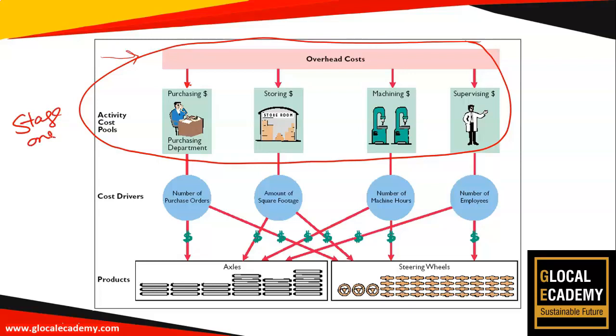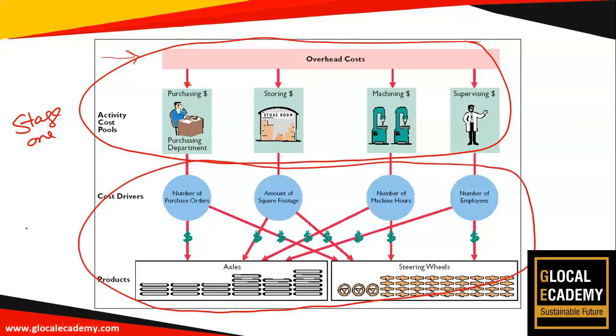Now once we allocate overhead cost to the activity cost pools, we have to trace these overheads to the products. So this is stage 2, where we allocate cost from the cost pools to the products. Here at the bottom are the 2 products, axles and steering wheels. And we do this through appropriate cost drivers.